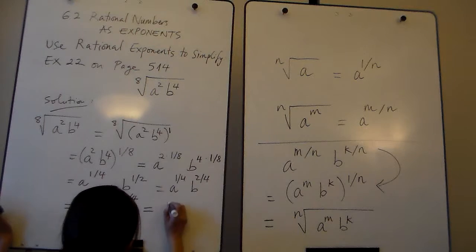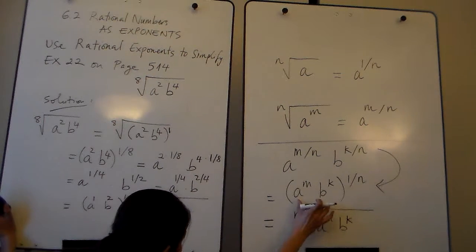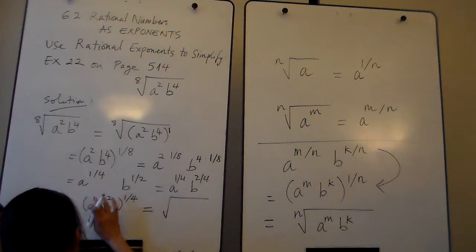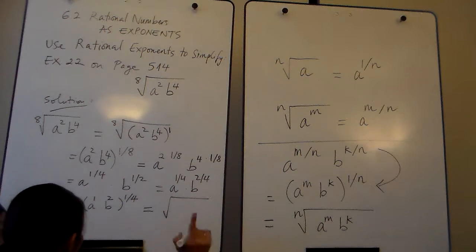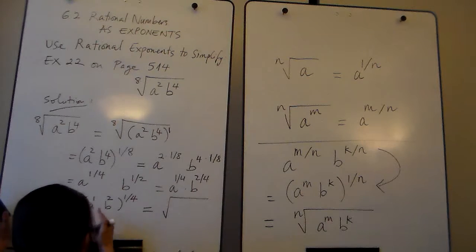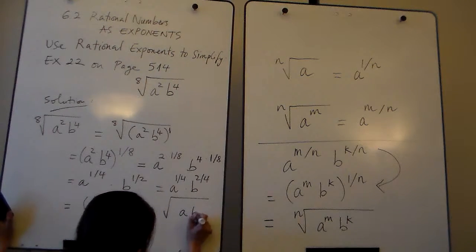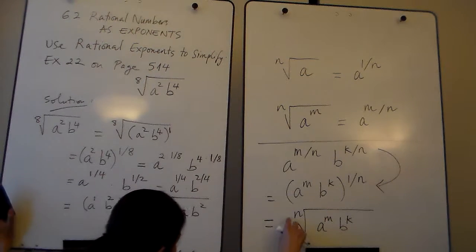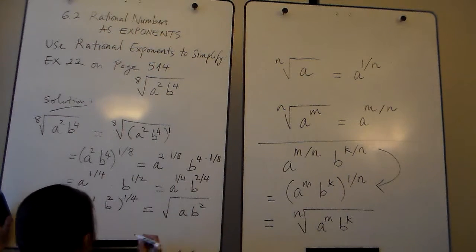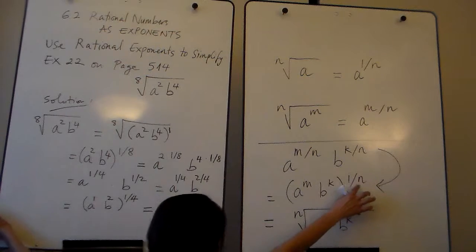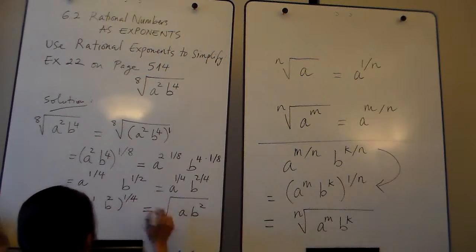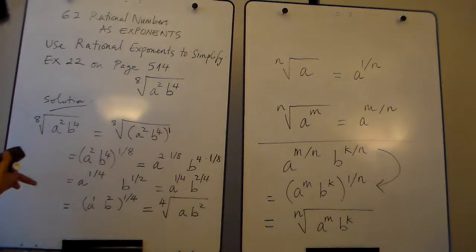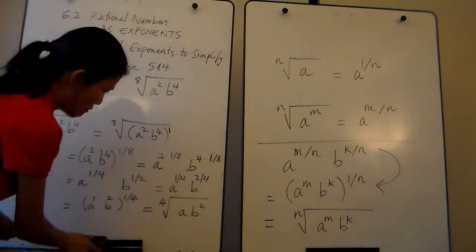Simplify further, we have the radical of AB, go inside the radical, so we have a. Now a to the first power is a, right? So I can simplify this to a times b squared. So the inside is a times b squared, and then the outside is the n root. What is the n root? It comes from the n right here, which is 4. So I have the 4th root. And you cannot simplify any further.